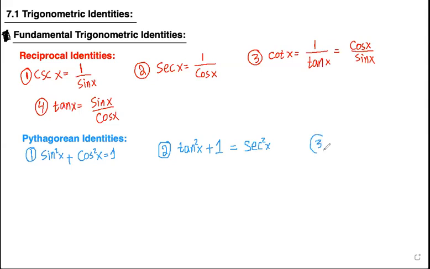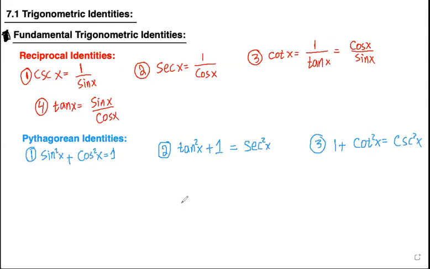Number three, if we divide this one by sine square, it will be 1 plus cotangent square equals cosecant square. Yes, exactly. This is the Pythagorean identity.